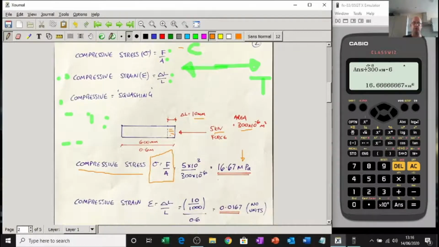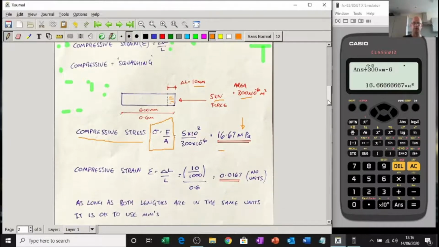So we would put a minus in front of that, because we could be adding these things together, so one's going up and one's coming down, so that's why you'd put a negative number, but that's in the future. So compressive stress is 16.6 megapascals in that direction. Don't forget, it's been squashed.